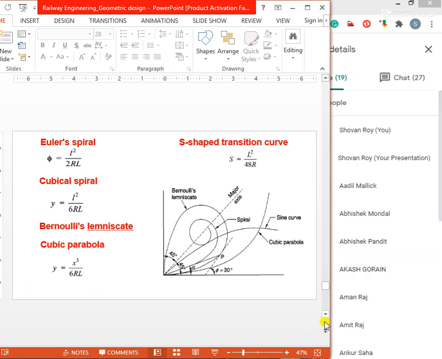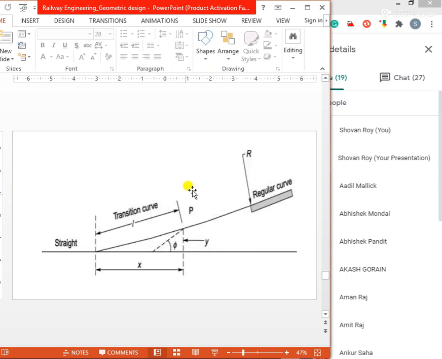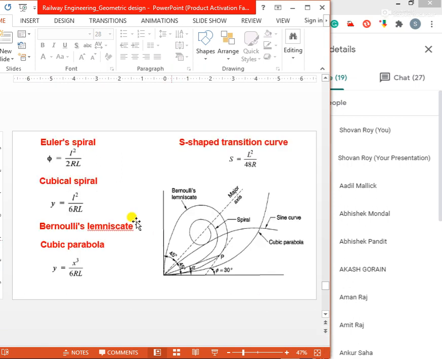Normally in our case we need this angle phi, and through this phi value we can define any transition curve. After the Euler spiral, there is the cubical spiral. This is also a good transition curve, but quite difficult to set on the field. Small y equals l cube by 6RL.